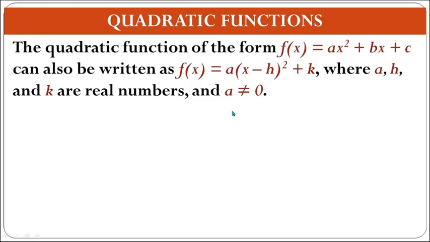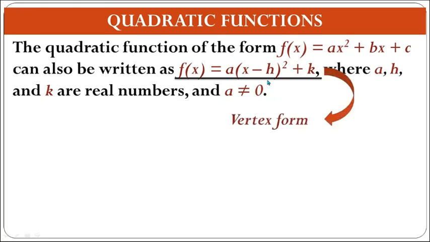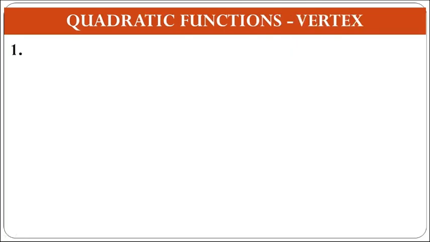Ito yung form na ito ay yung ating tinatawag na vertex form of a quadratic function. Halimbawa ay f of x is equal to negative 2 times the square of x minus 1 plus 3.